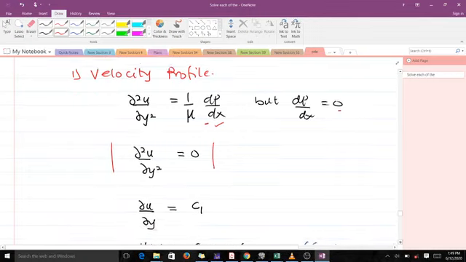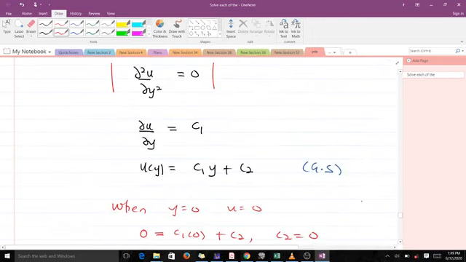When we do the first integration with respect to y, we get del u over del y equals an arbitrary constant, let's call it c1. When we do the second integration, we get u of y equals c1 times y plus c2. This happens to be the general solution for the velocity profile. But we have conditions that we are supposed to use to find the particular solution.